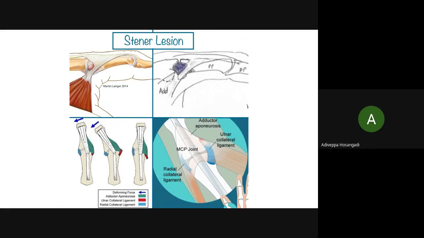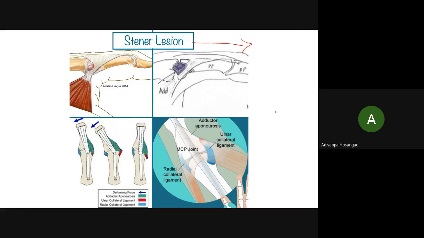One more important thing. You remember in gamekeeper's thumb or baseball's thumb, there is something called the Stener lesion. A lot of things to remember, but it is very logical and easy to remember. That's why I'm mentioning this.